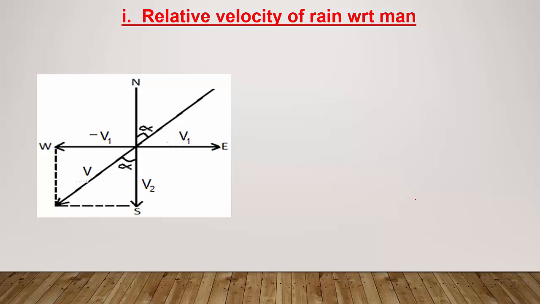Observe here, when a man is standing on the ground, the rainfall takes place in the vertically downward direction. Is it clear? Suppose this is the ground, and a man is standing here. The rainfall takes place vertically in the downward direction. So what is he doing now?